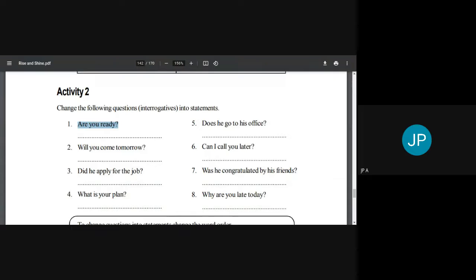So what are the changes that I did to make it into a statement? I removed the question mark and then changed the structure of the sentence.